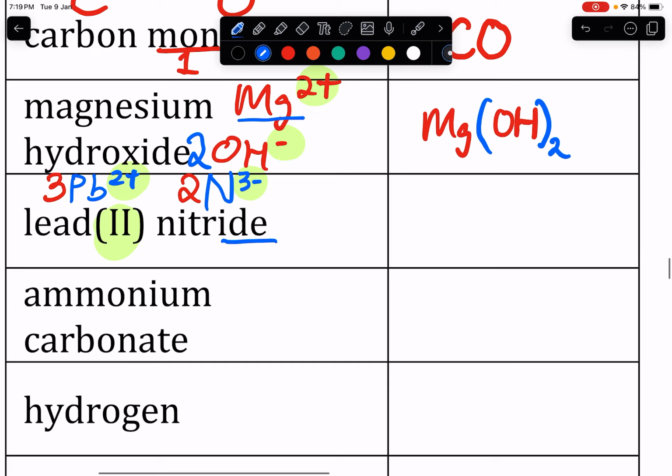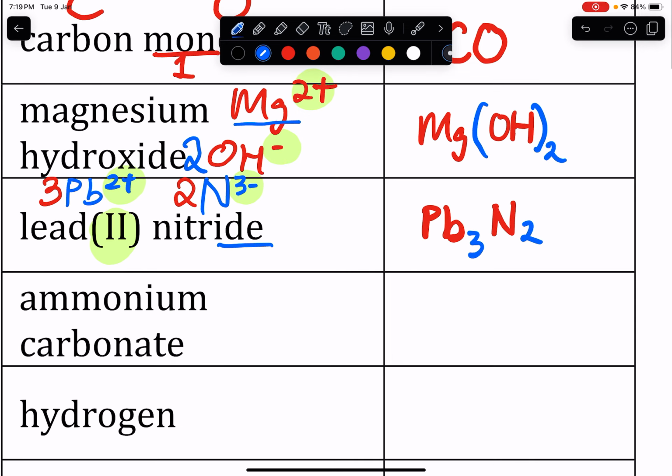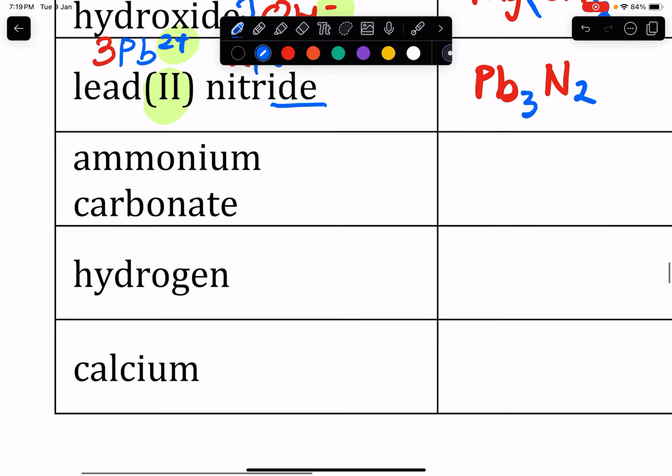So how do I write it down in my formula? Oh, I should use red color. Pb times 3 and N times 2. So that's the formula for lead(II) nitride.